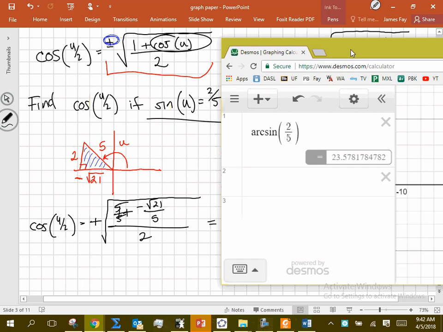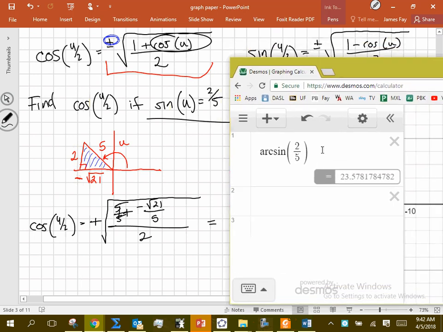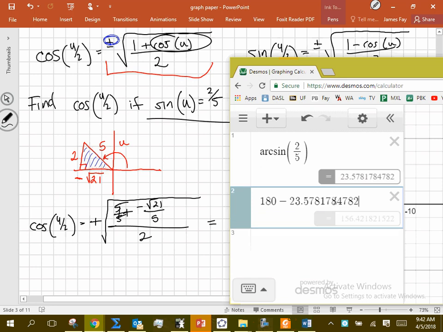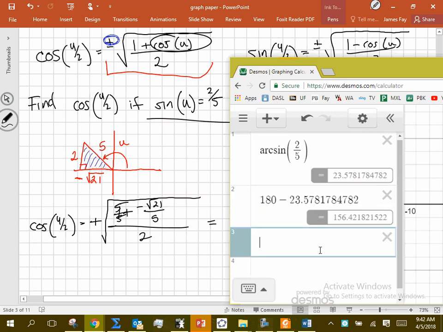Okay. But that gives me the arc sine of 2/5, but that is in the first quadrant, right? We said our angle should be in the second quadrant. So what do I need to do with that number to get it in the second quadrant? Yeah, subtract it from 180. So there's my second quadrant angle.